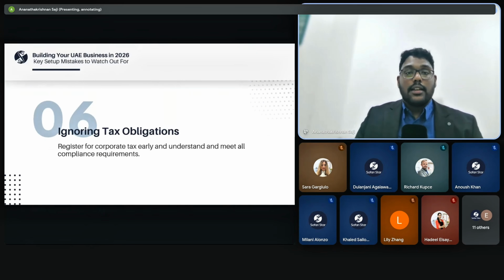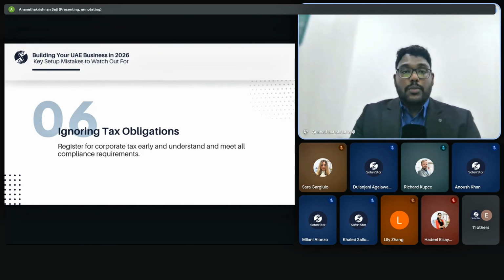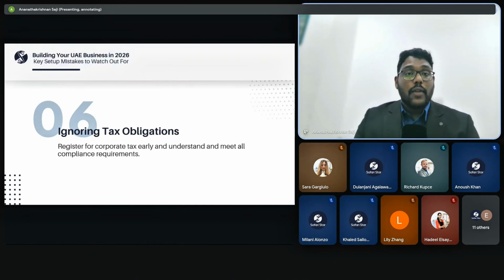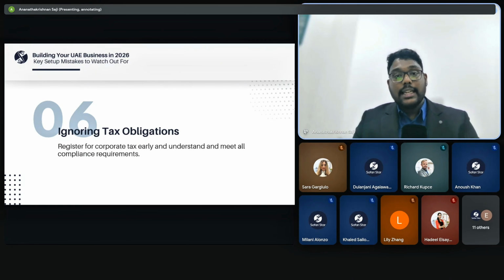And the next agenda, but also an important point which is ignored by most investors in UAE, ignoring tax obligations. So when I say tax, there are two kinds of taxes in UAE. One is corporate tax and one is value-added tax. So when it comes to corporate tax, every company, from the date of license issuance, has 90 days.